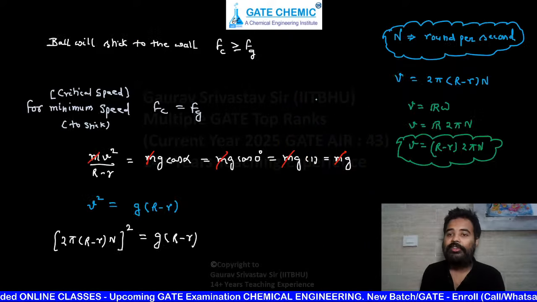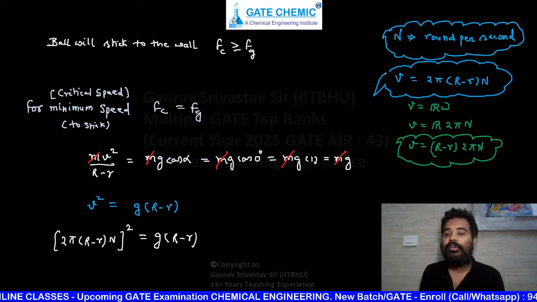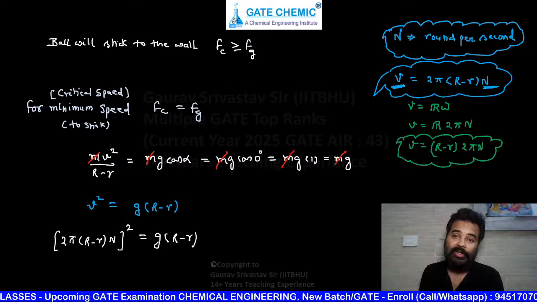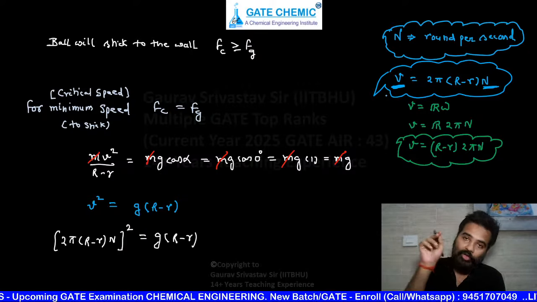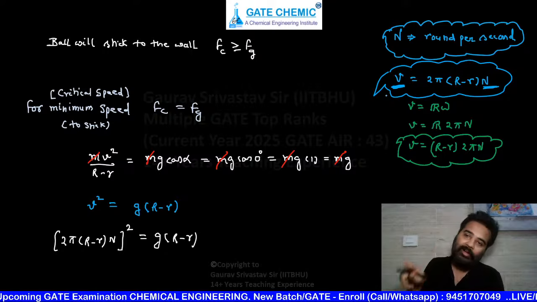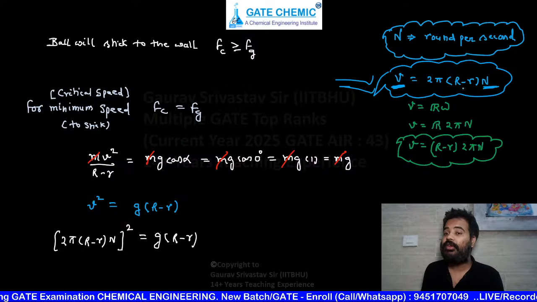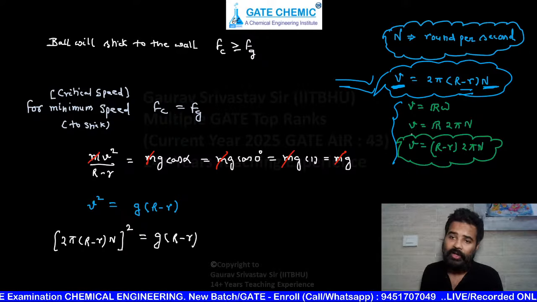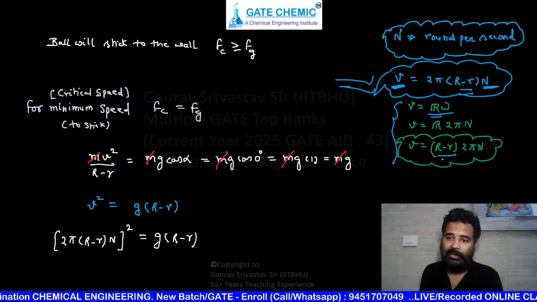One more important equation is the relation between v and n, in rounds per second. If you want to convert the velocity into rounds per second: v equals 2 pi (R minus r) n. How is it developed? v is equals to r omega, omega is 2 pi n, and put our radius here, that is R minus r.